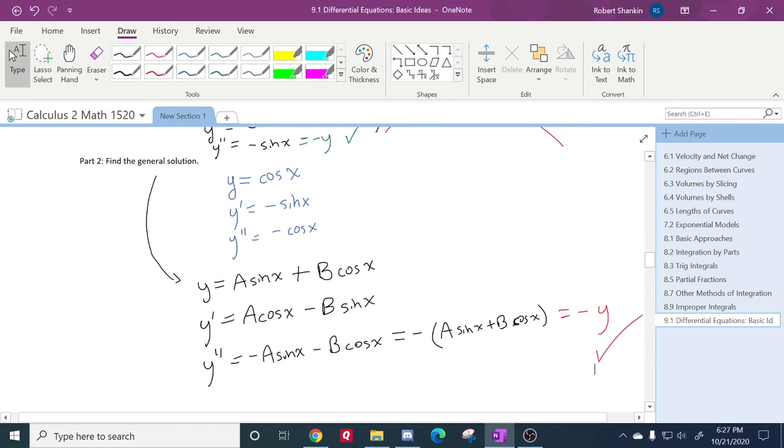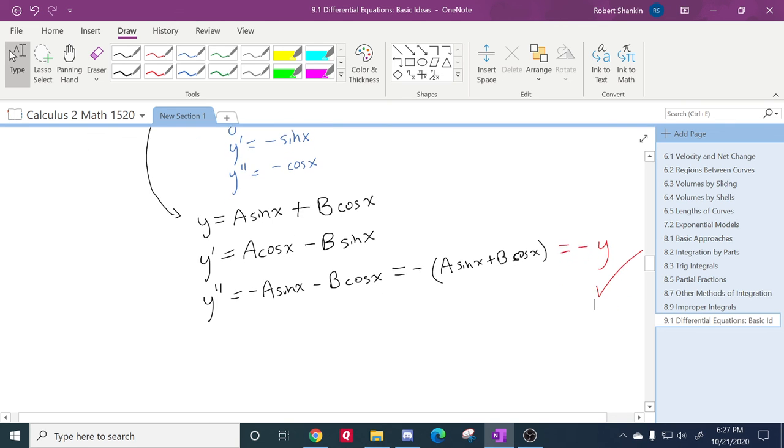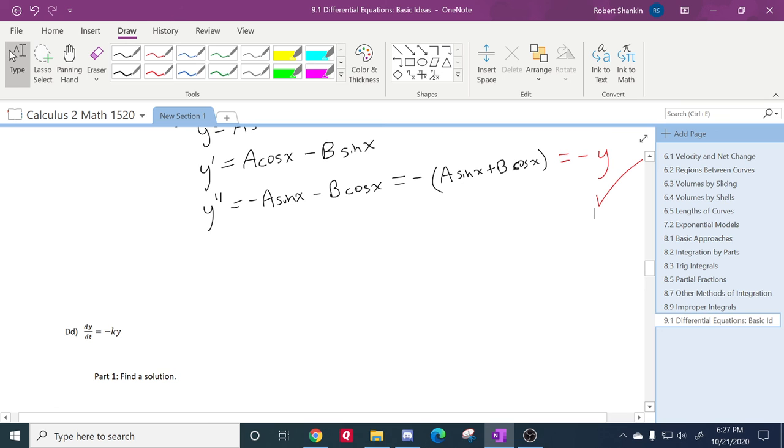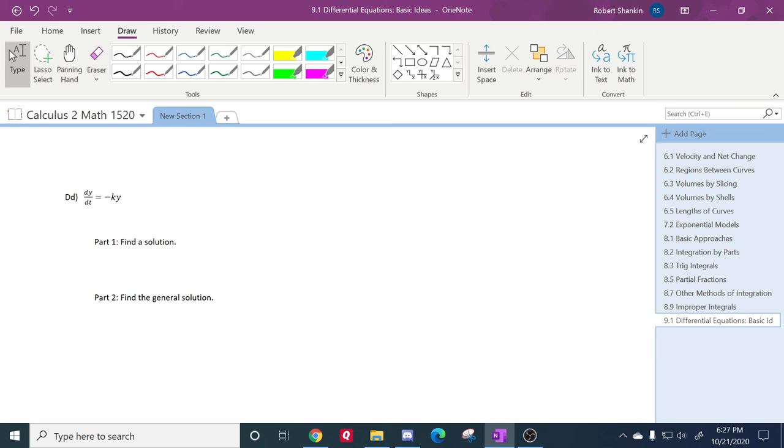All right, we have more of these to look at, but let's do one more, and then we'll take a break. So, dy dt is negative ky. So, it's a function whose first derivative is itself, but negative.